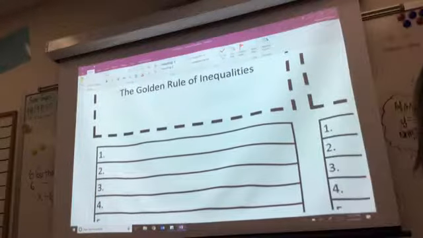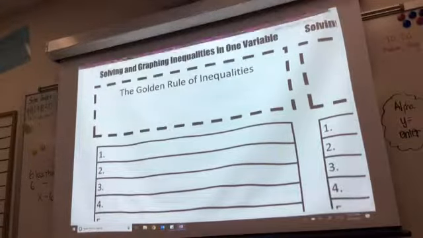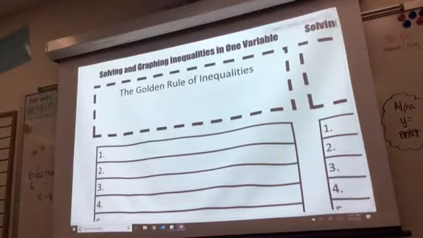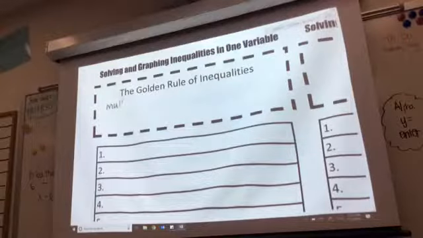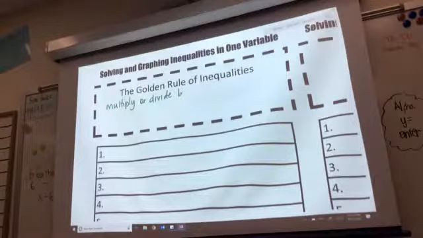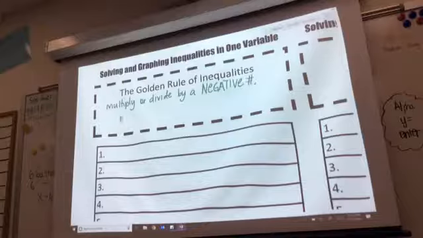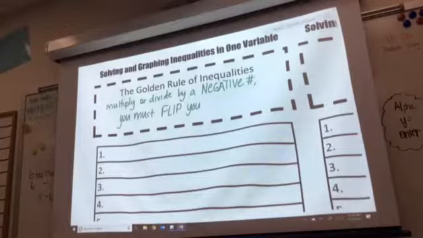So, golden rule of inequalities. You're going to write this down, and then we're going to have a weird way to remember it. But I promise you, you'll remember it. The golden rule of inequalities is if you multiply or divide by a negative number, you must flip your sign.